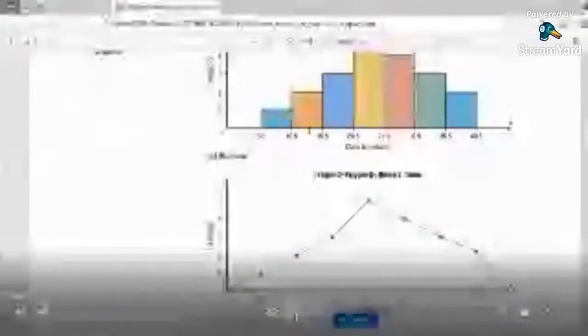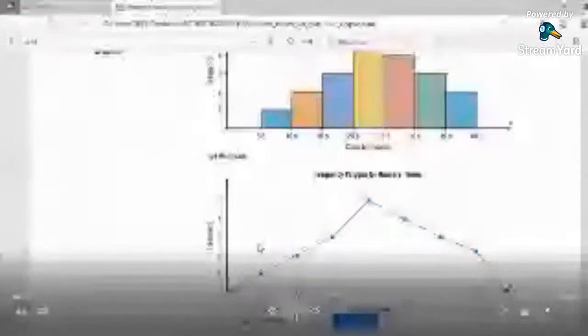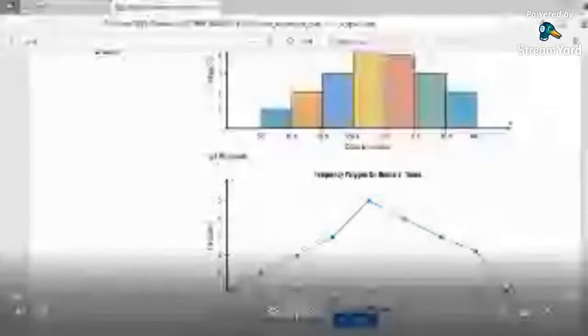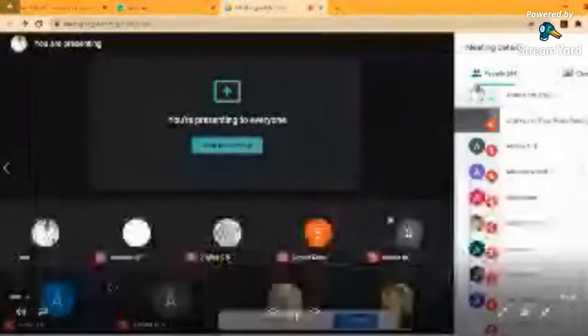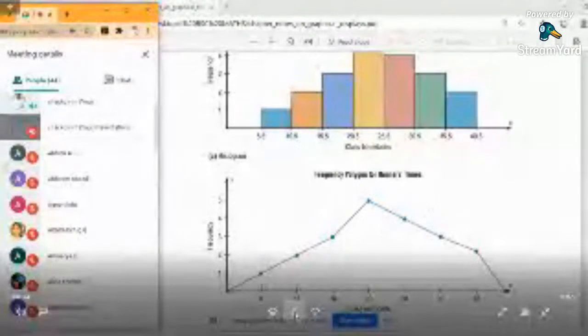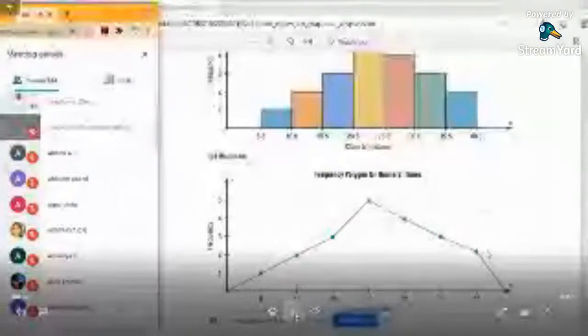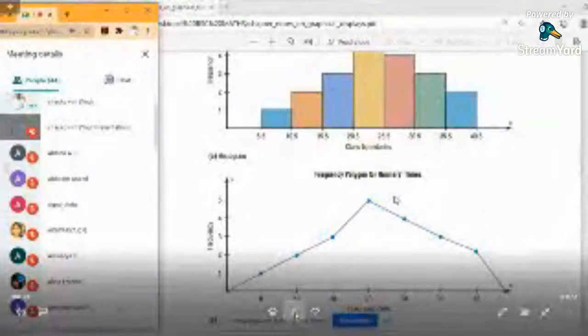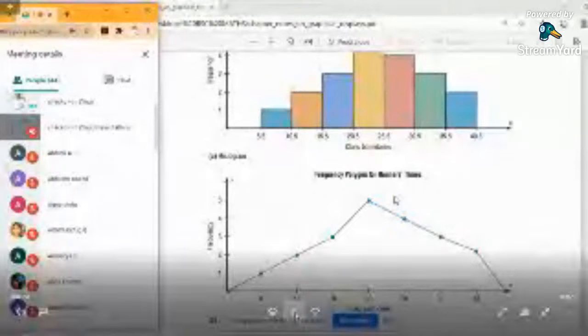So you can draw the polygon like this using the histogram. So that is usually called a polygon, the frequency polygon. Okay, so this is an example.